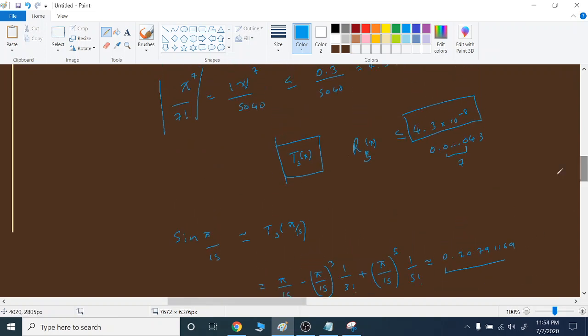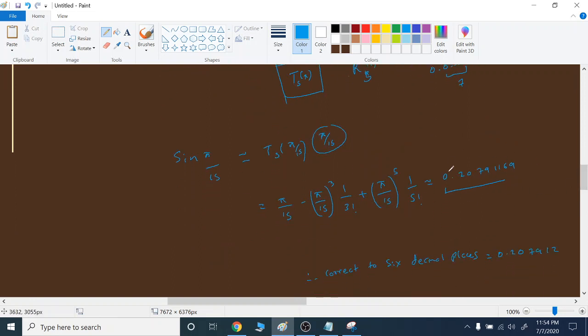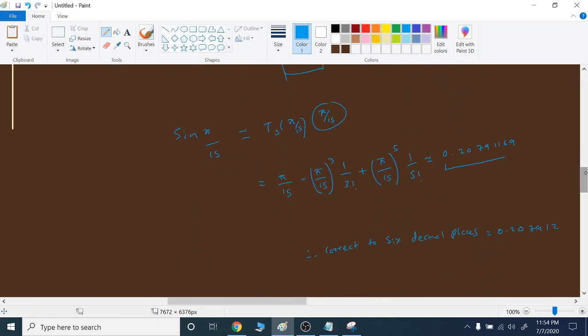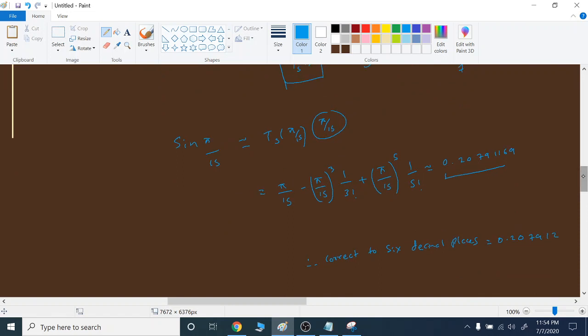So when you use the T5 and calculate the value of T5 at pi divided by 15, it will be equal to this amount. And as we know, it is even correct up to the 7th decimal place, but here the question asks to find the approximation correct to 6 decimal places.